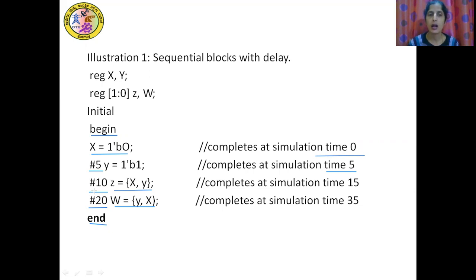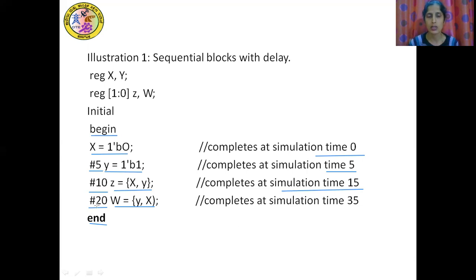Here we need to see that since the previous statement always blocks the execution of the next successive statement, this statement can only be executed after 10 plus 5, that is 15 simulation time units. Until this statement is executed, the next statement will not be executed. Hence, it will take a delay of 10 plus 5, 15 time units to complete its simulation. Coming to the last statement.